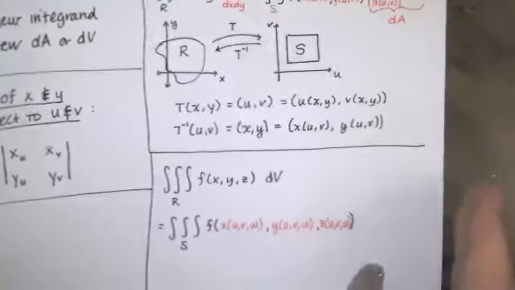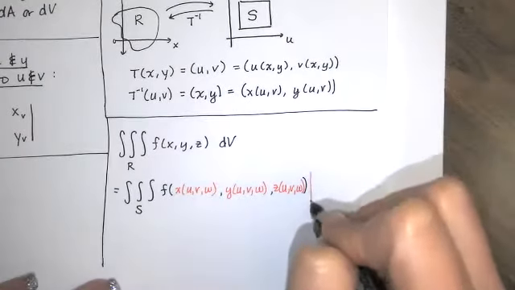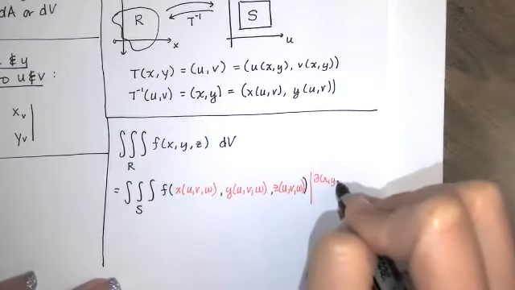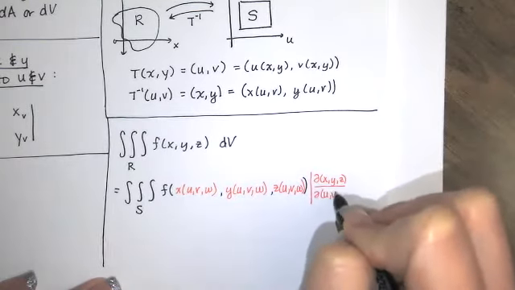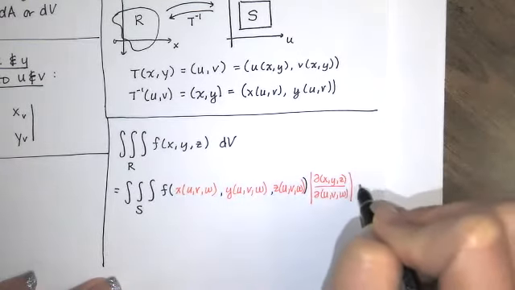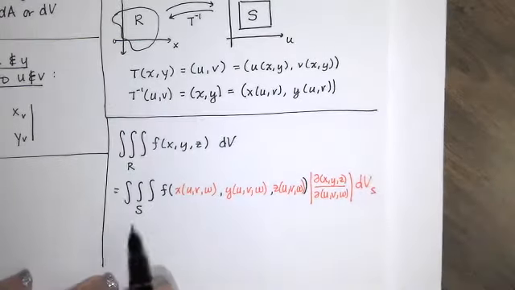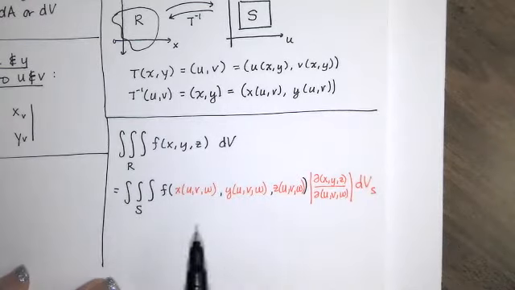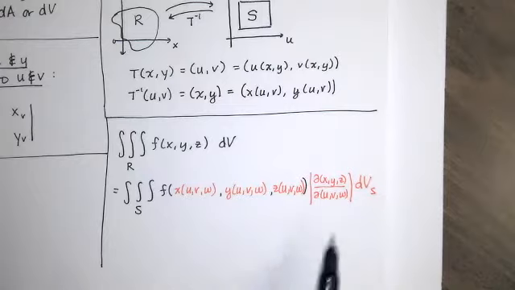And then dV turns out to be the absolute value of the Jacobian of the transformation times dV in the region S. This is going to be du, dv, dw in some order.